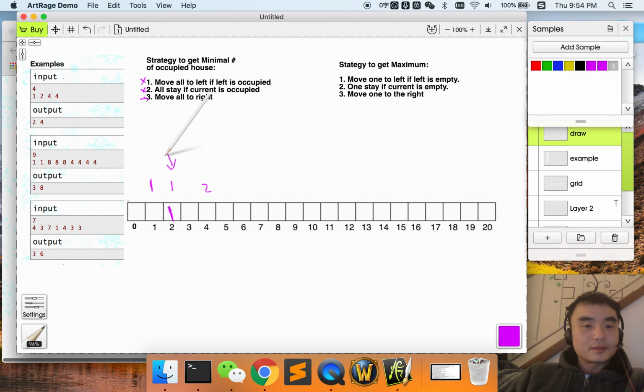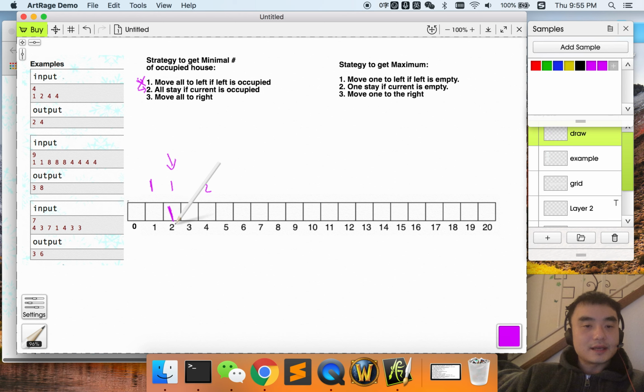Now the pointer points to the second house, and we check the first strategy again. Is the left house occupied? The answer is no. So this strategy cannot happen, right? So we try the second strategy. Is the current house occupied?